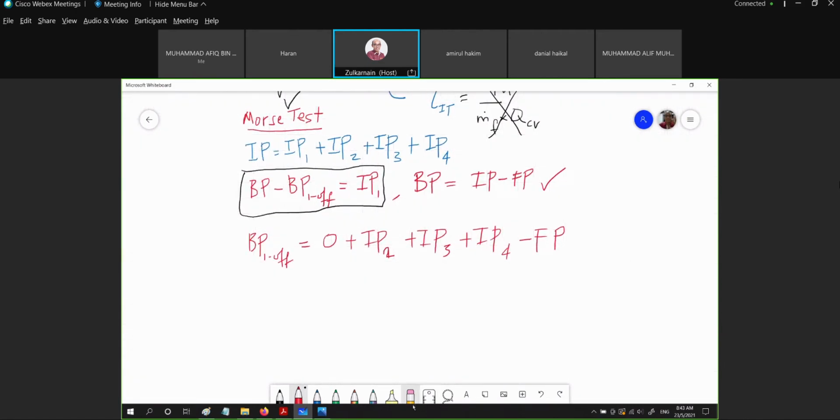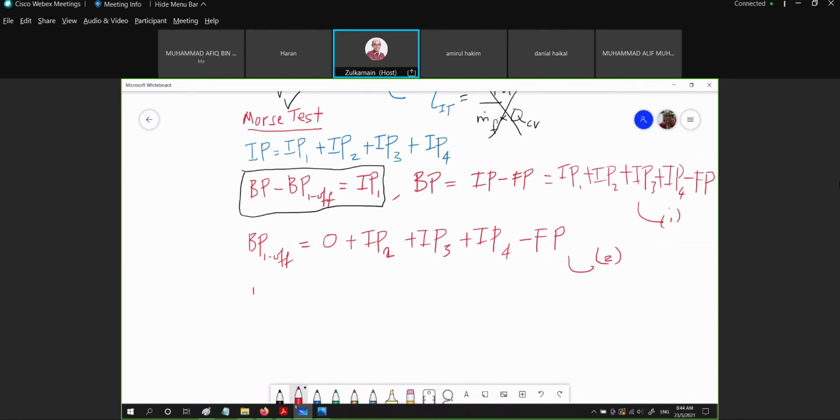So this is our BP. The BP is equal to IP1 plus IP2 plus IP3 plus IP4 minus FP. Okay, jadi yang ini adalah equation 1, ini adalah equation number 2 ya.